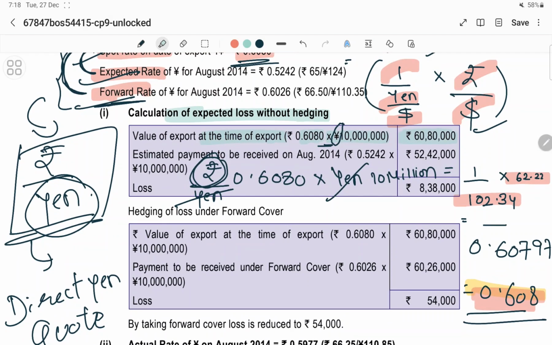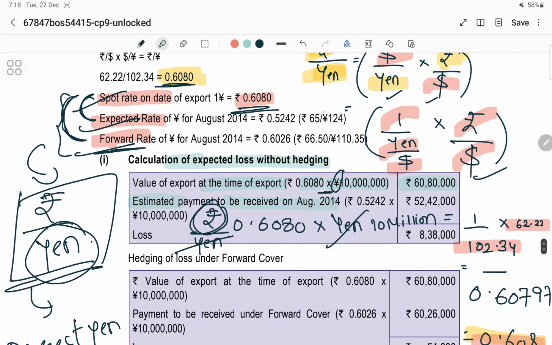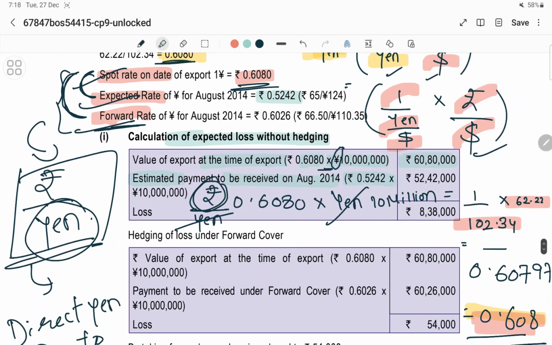And similarly, when you do estimated payments received in August 14, now you take the quote of rupee per yen, rather, 0.5242, because this is without hedging. Okay, in case you hedge, then you take forward cover.